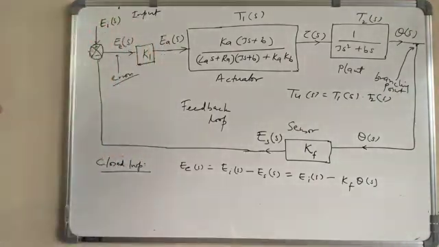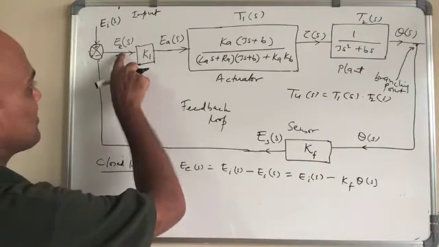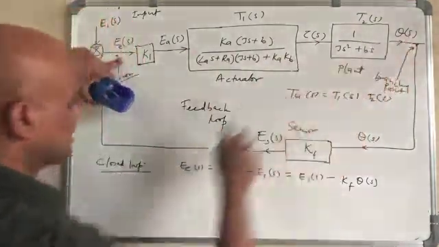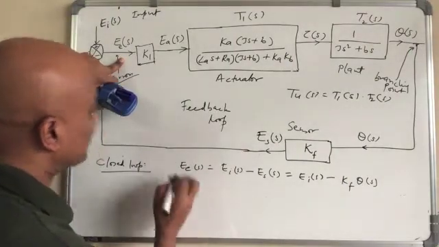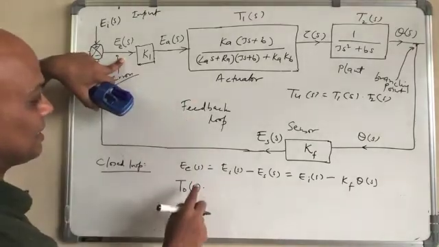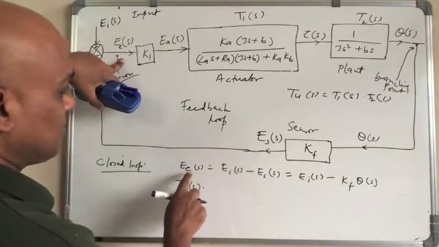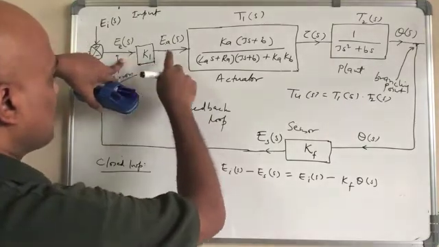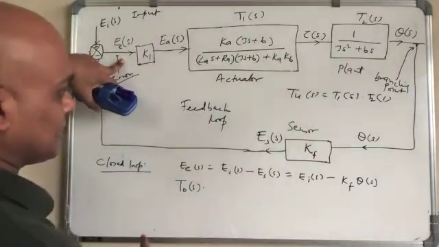We know that ES is nothing but the open loop transfer function multiplied by theta S. That is the thing, right?